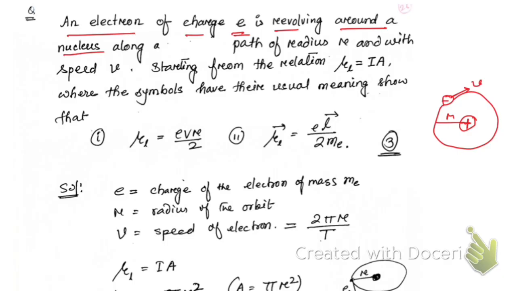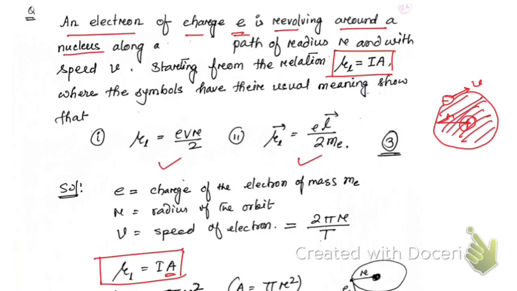Starting from the relation mu L is equal to IA, we need to prove these two. Here A means the area covered by this orbit. If the radius of the orbit is r, then that area will be pi r square.